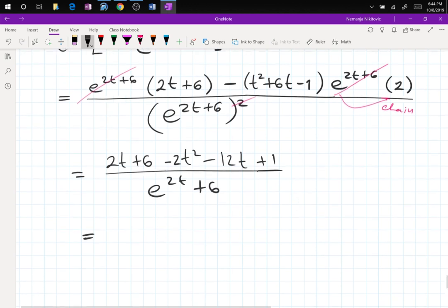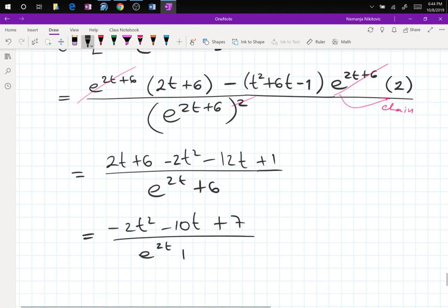And now combining common terms, that's going to be negative 2t squared minus 10t plus 7 divided by e to the 2t plus 6. Ta-da! Cool, right?